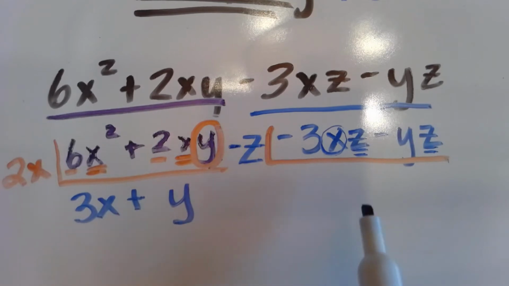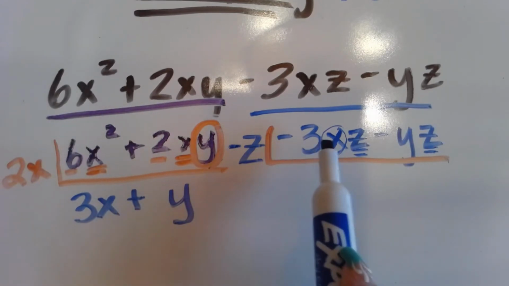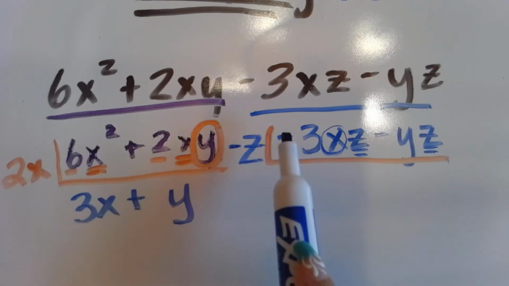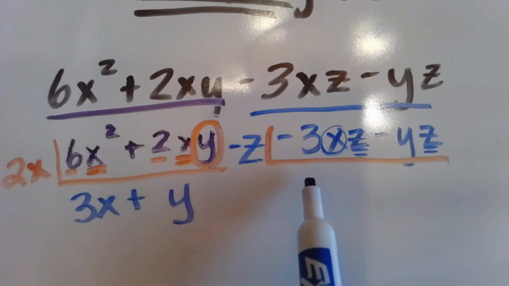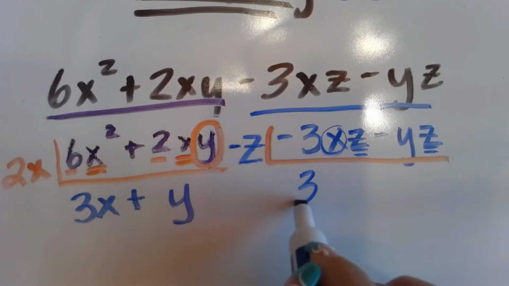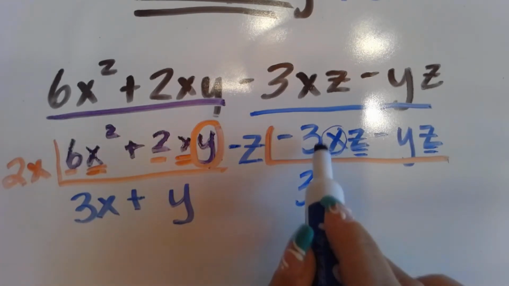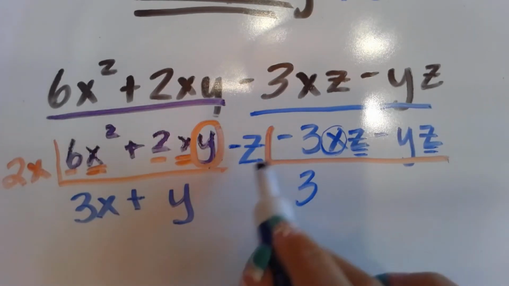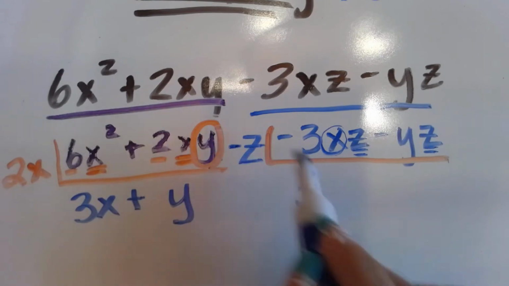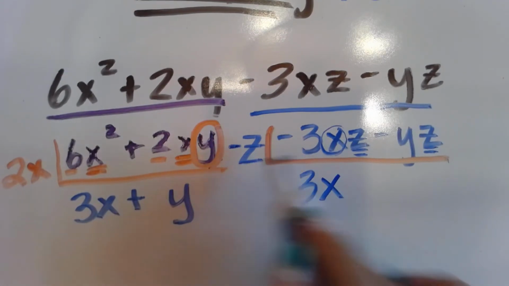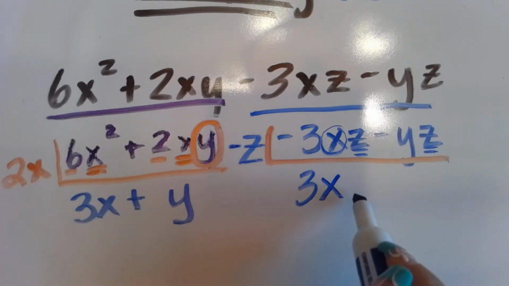So let's start dividing. -3 divided by that negative, because a negative divided by a negative makes a positive, so we change this to a +3. When we pull out this negative, it's going to be a +3. We're going to leave our x because we didn't pull it out. And z divided by z is 1.